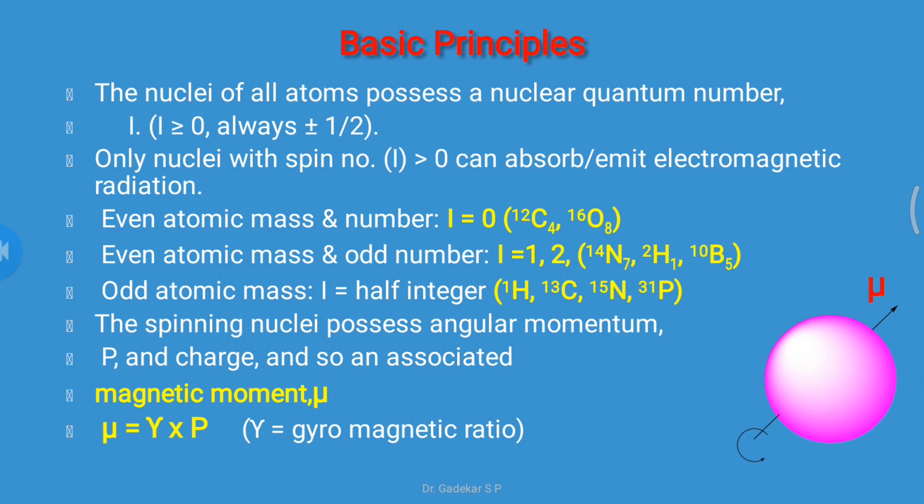Here, with even atomic mass and even atomic number, the spin quantum number I is equal to 0 and they are not NMR active.